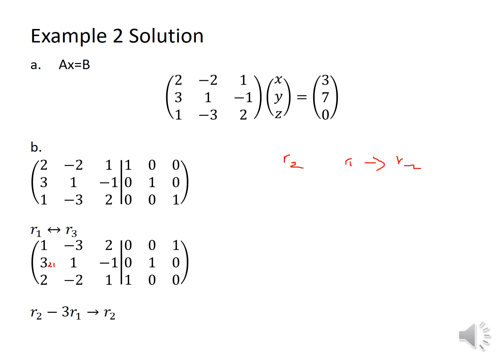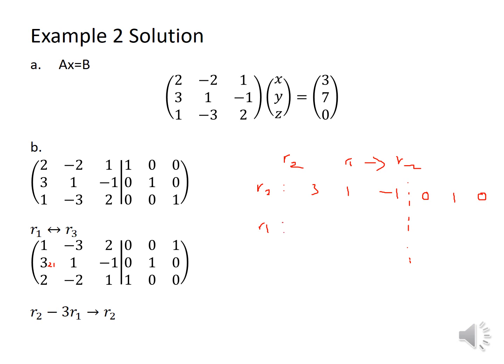So R2 is 3, 1, negative 1, 0, 1, 0. And R1 is 1, negative 3, 2, 0, 0, 1. The first element of R1 is 1.